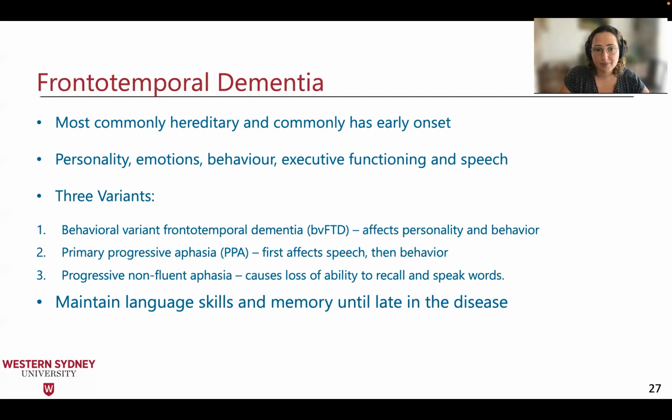You also have primary progressive aphasia, which first affects your speech and then behavior. And then progressive non-fluent aphasia, which causes loss of the ability to recall and speak words. In general, there's a maintenance of language skills and memory until later in the disease, though eventually it does become global like all the others and affects everything.